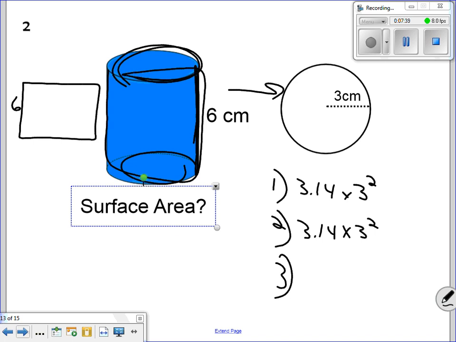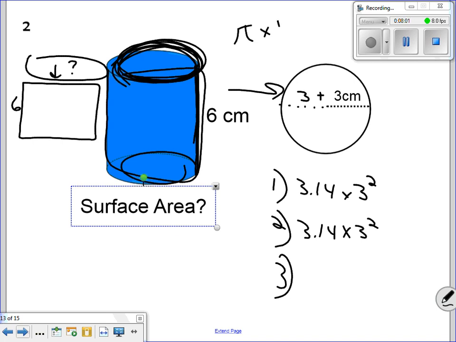How do I find this? That's this distance that's wrapped around. So I would have to find that circumference, because when I unwrap it, it would be a straight line, right? So circumference is pi times d.